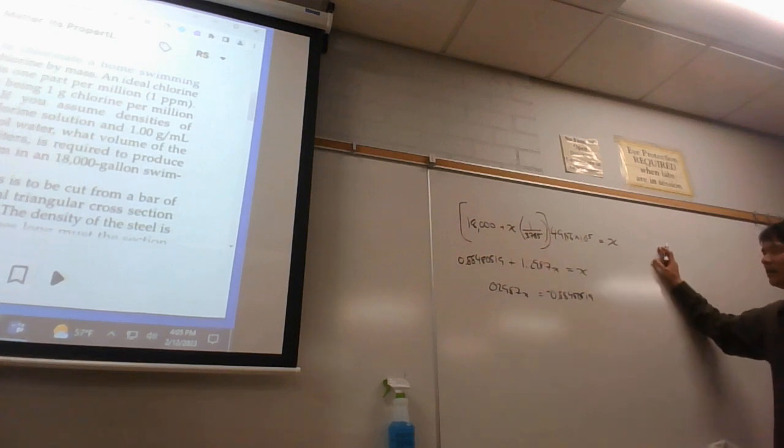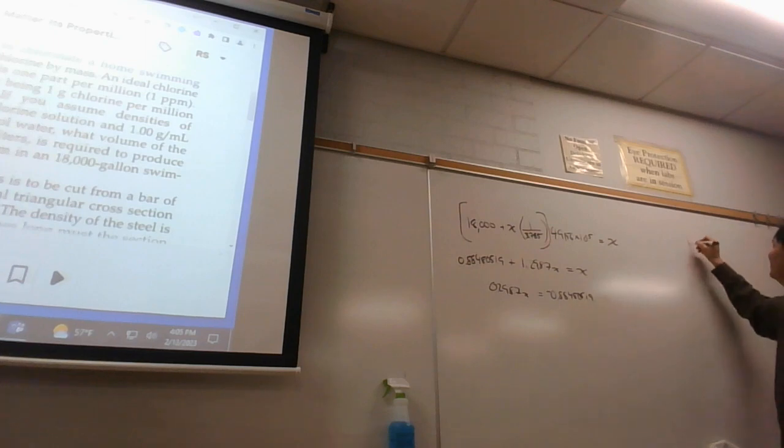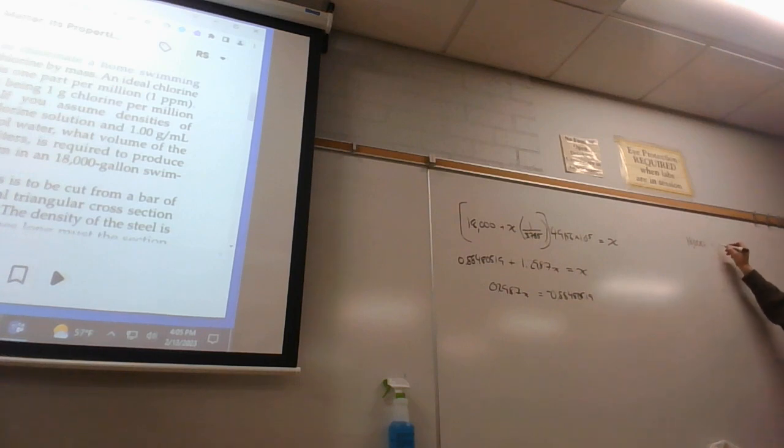I just had too many numbers probably there, but let me just redo the numbers here and then the math. So this is going to be 18,000 plus X liters of solution that we add. This is the chlorinating solution, and then convert it to gallons. So 1 gallon is equivalent to 3.785 liters. And so we have this.